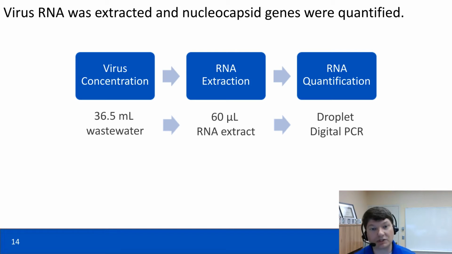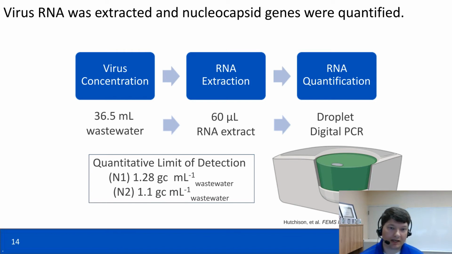We had a little bit better response with ddPCR in avoiding inhibition from the wastewater sample. Wastewater samples are complex samples, and there can be compounds that interfere with your quantification for PCR. And we, again, tend to have better luck in our lab when using ddPCR.